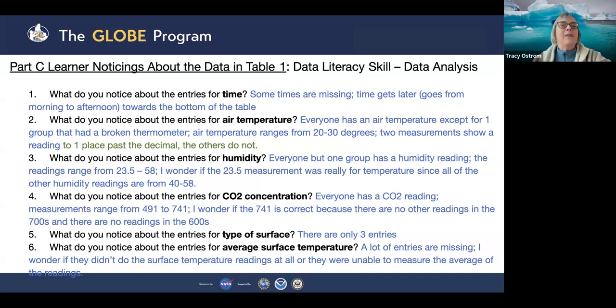So I noticed a few things about each one of these columns. And so even when they notice things, they can put together, wow, the range of the data is from here to here, or wow, this is missing, or all these data entries are between this and this, but something else is way out of whack there.